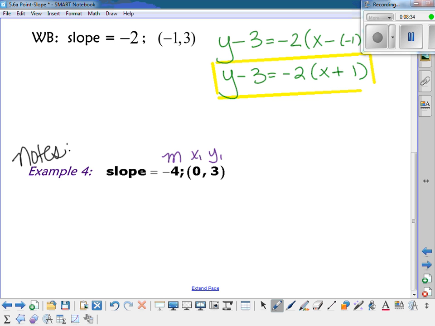So if I plug it in, I have y minus 3 equals -4 times x minus 0. And it's okay to leave it that way for your answer, but if you want to, because x minus 0 is the same as x, you can rewrite it y minus 3 equals -4x, because -4 times 0 is 0, and that would just go away.